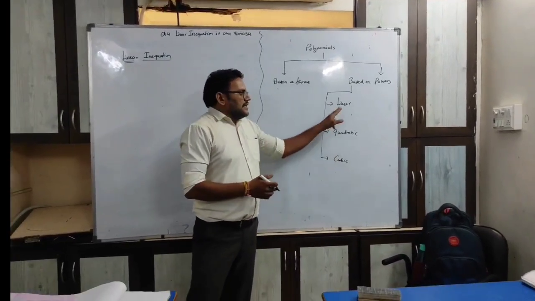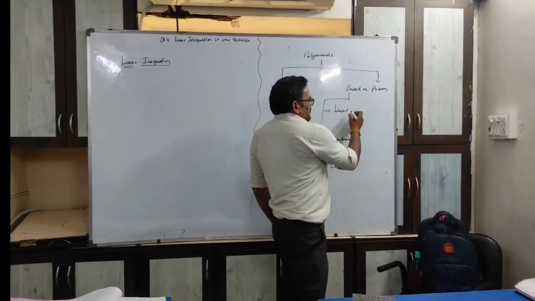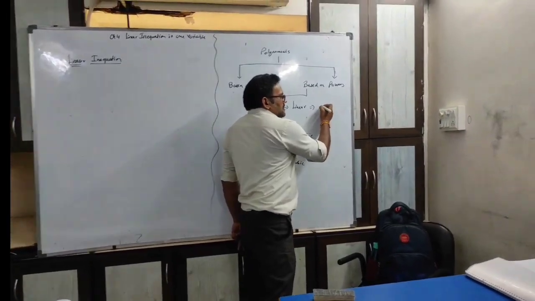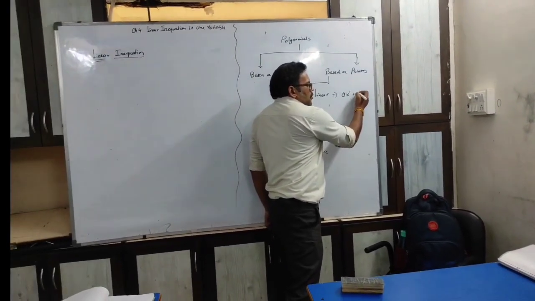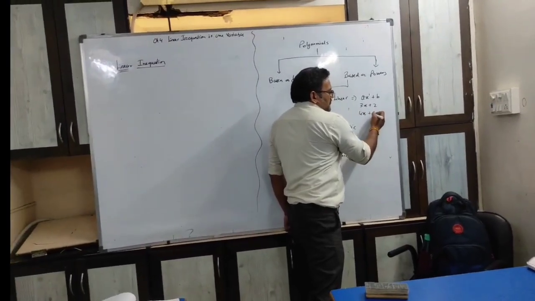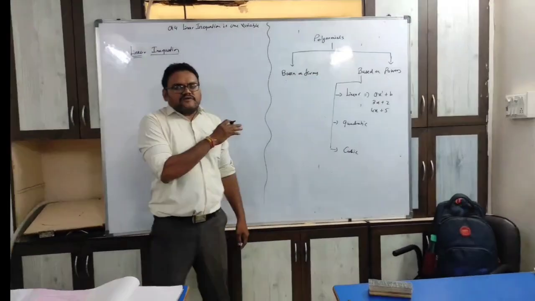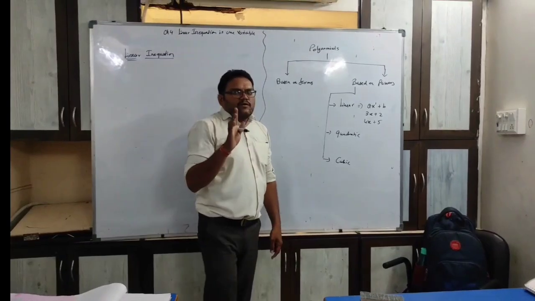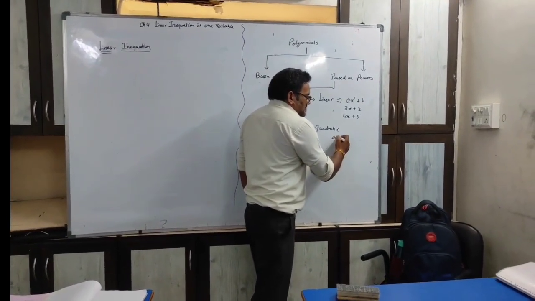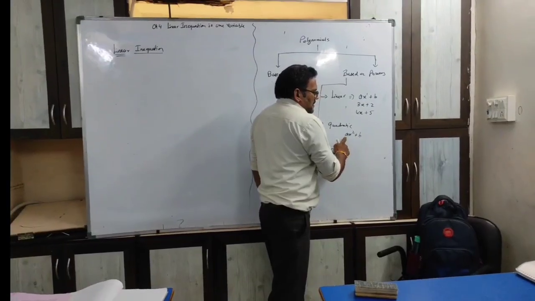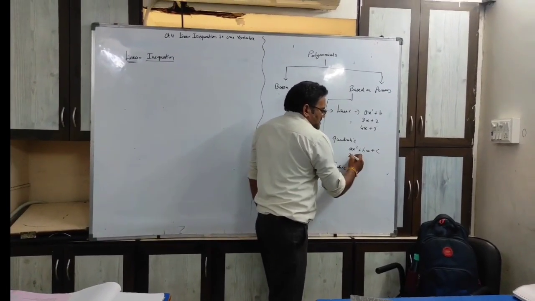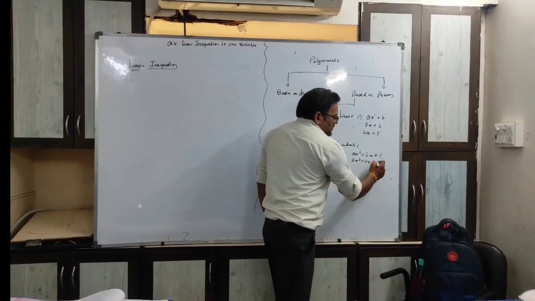Linear polynomial means an algebraic expression with highest power as 1, like 3x plus 2, 4x plus 5. This kind of equation is known as a linear equation in one variable. Second, quadratic will be referred to as any expression with highest power 2: ax square plus bx plus c, that is 3x square plus 2x plus 5.